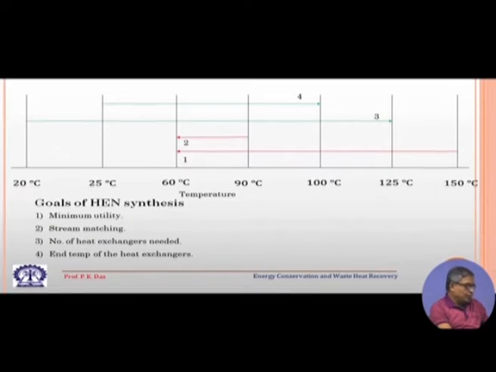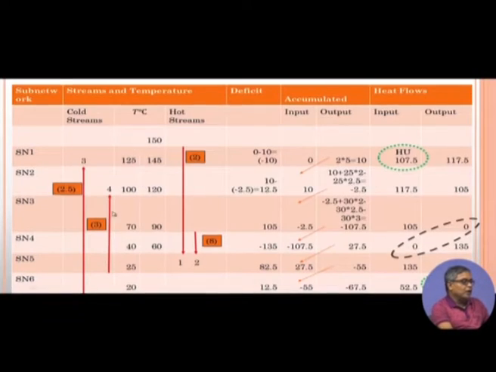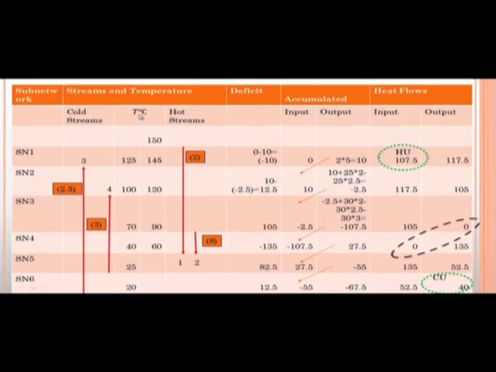If it is so, then we come here. As I have told, the lowest temperature is 20 degrees, we will start from here, and the highest temperature is 150 degrees, you see. So, I will start from here. Here there are 2 cold streams, 3 and 4, and the heat capacity rates are given beside these streams.